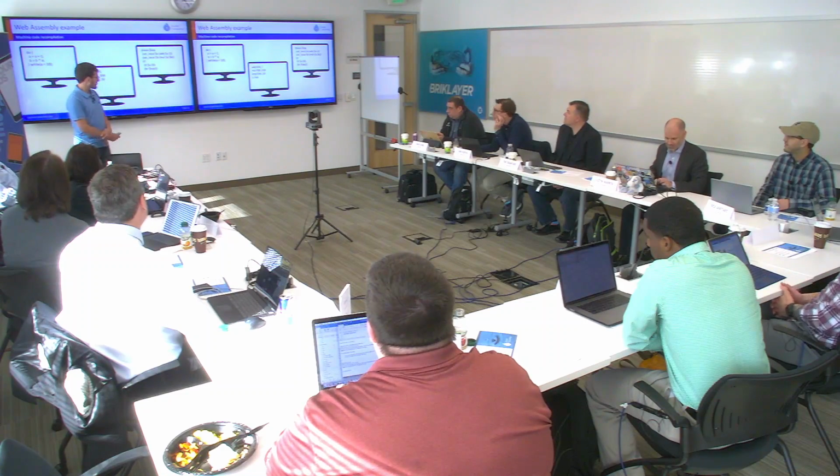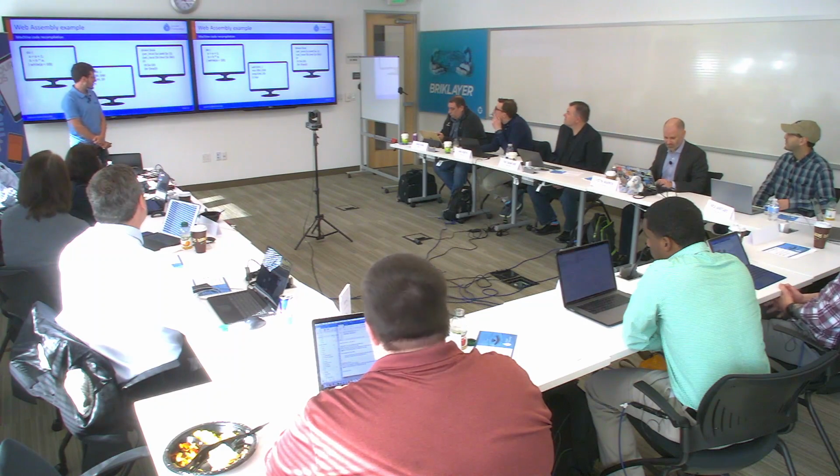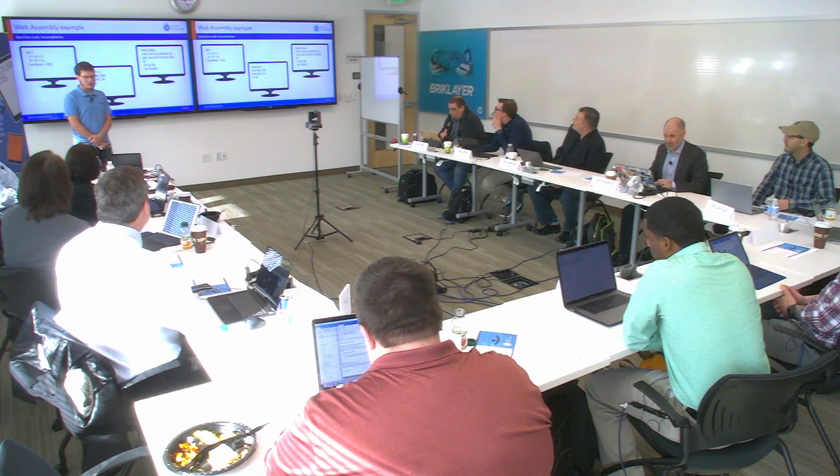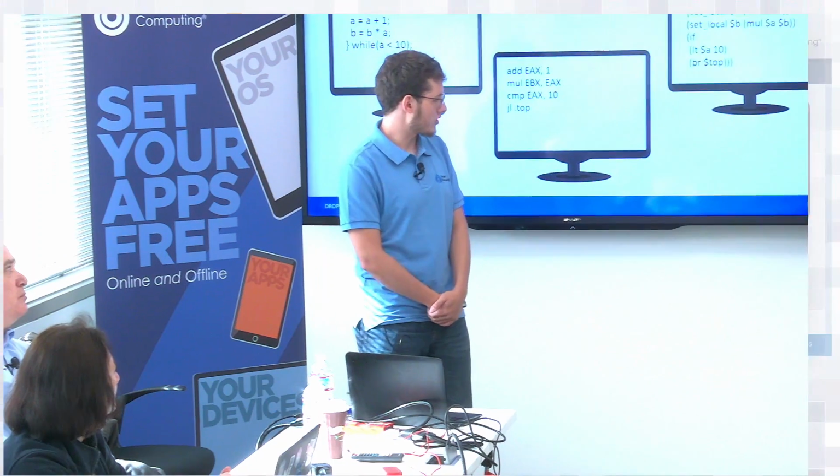Thanks. So I have one very, very technical slide. I wanted to show you a small example of the kind of assembly code that we compile. On the left, this is C code, but this is not really relevant to us because we don't have access to the original source code of the program.